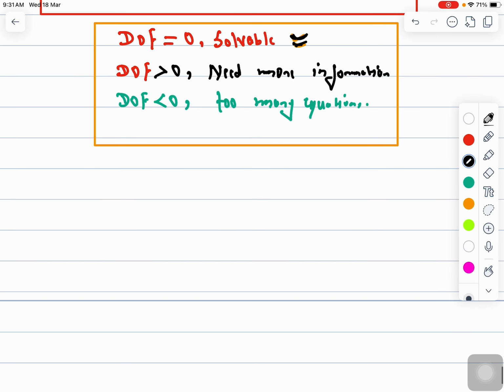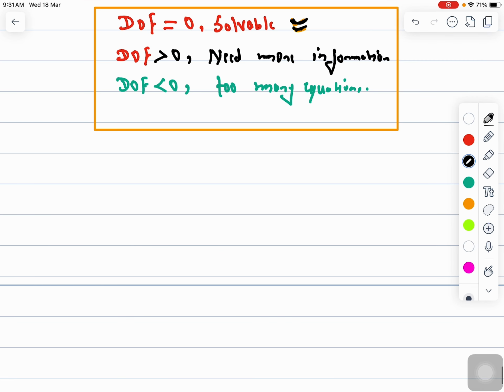So now the next thing that arises here is, how do we know the number of independent equations?